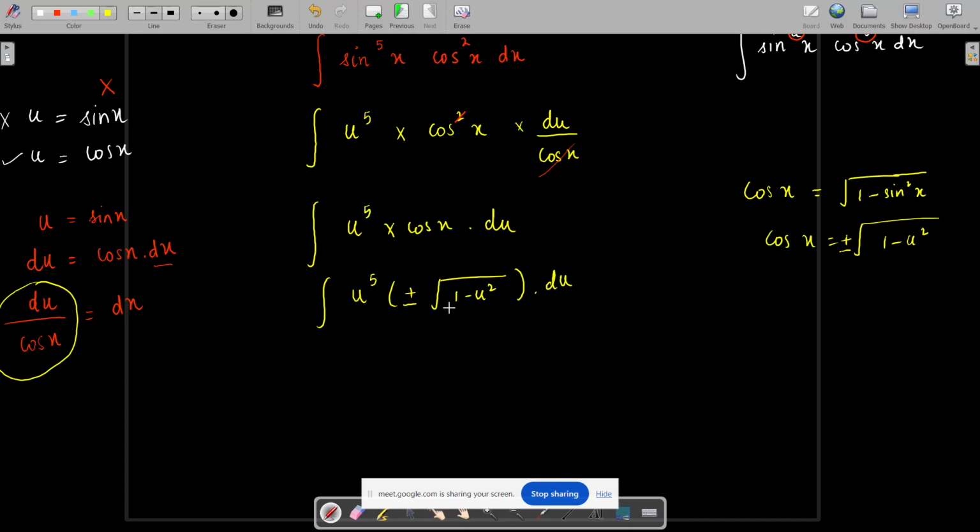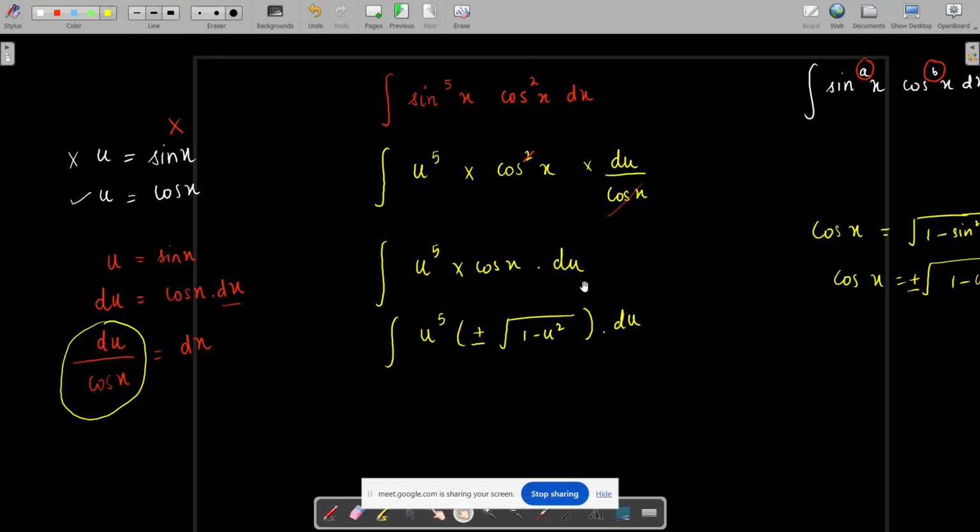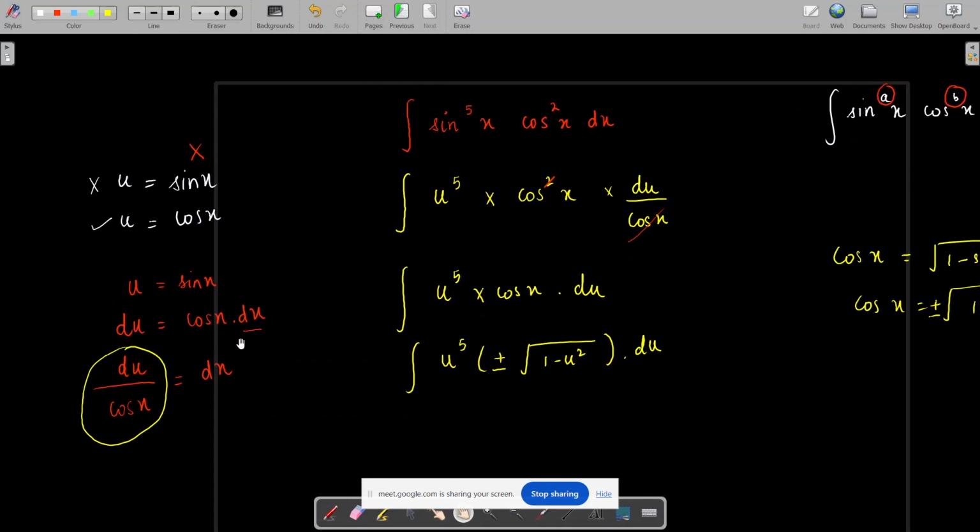Now see why this is complicated. This is a very nasty expression and we won't be able to solve this easily. So that's a problem. What happened here? We need to analyze that. When we substituted sine as u, when we take its derivative we get cosine of x in the denominator, and one factor of cosine of x gets cancelled with this one.